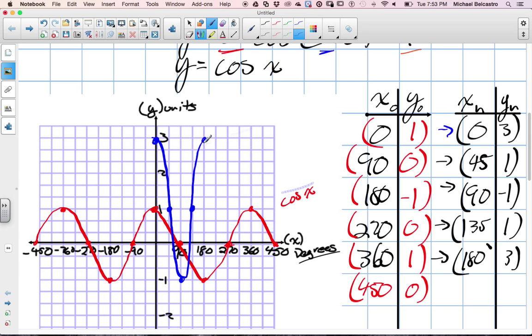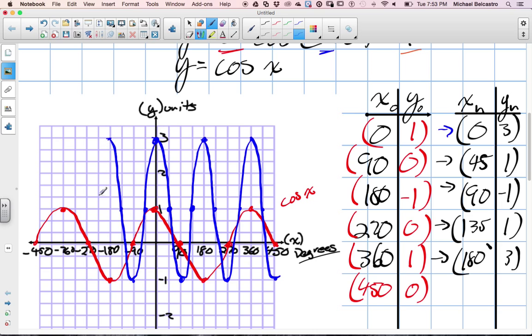We know the next point will be halfway between, back at 1. 270 will be here, halfway between, and then 360 up here again. And we're ending up with that very similar pattern. Comes back down there. Ooh, I'm actually pretty good freehanding it this way. And then exact same thing, same pattern. 180.